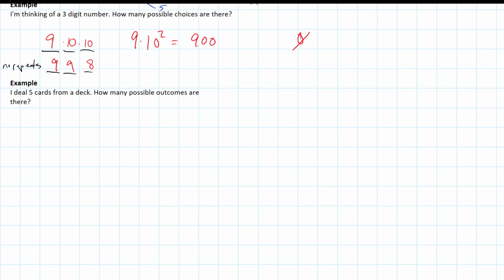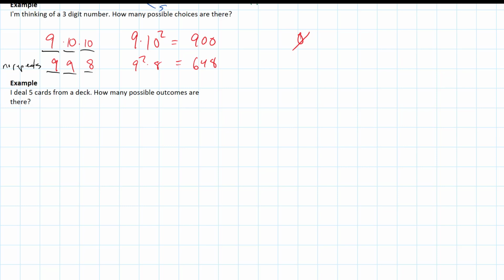And then I have 8 possible choices, so that's 9 squared times 8. I get 648 possibilities. So if you're looking for a 3-digit number that doesn't have any repeats, you have 648 possible, but just 3-digit numbers, you've got 900 possible 3-digit numbers.